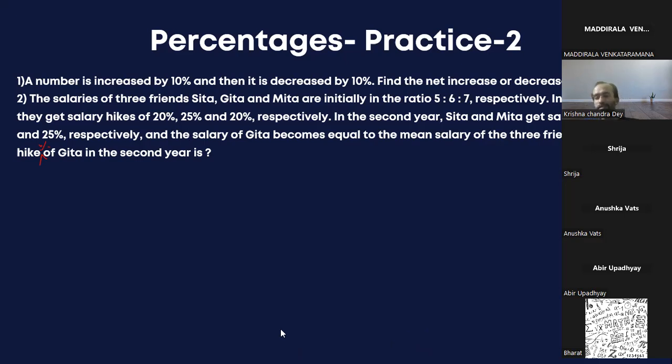Such level of questions in this chapter come. So difficult, I guess. Yeah. No, Adhikari, NEET maths is not there.